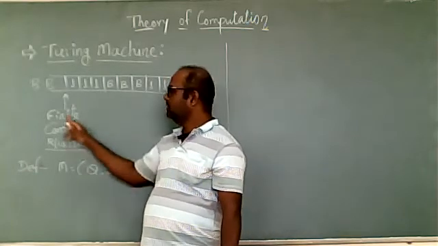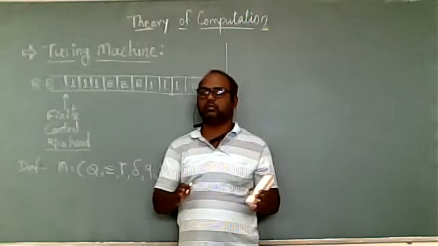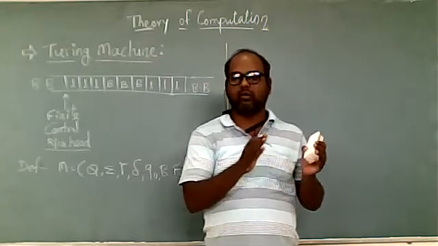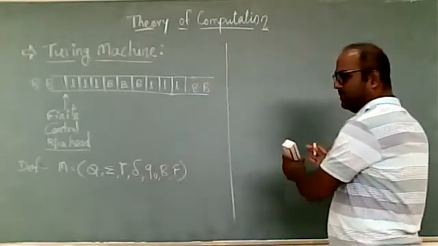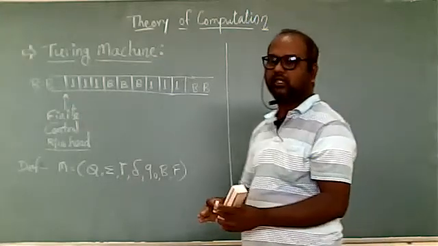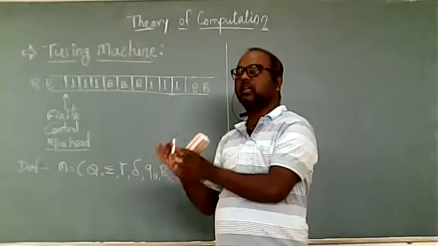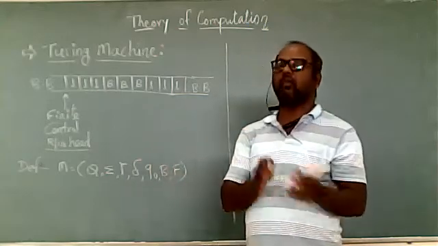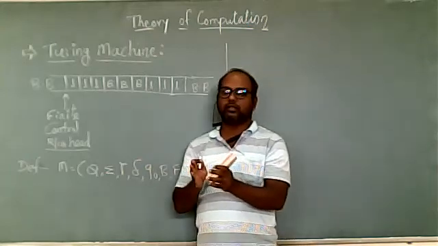Next thing about this finite control: in the previous finite automata and the pushdown automata, your finite control always moves right one by one. Here in the Turing machine, the head can move right, can move left, or can stay on the same place, that is, no movement.